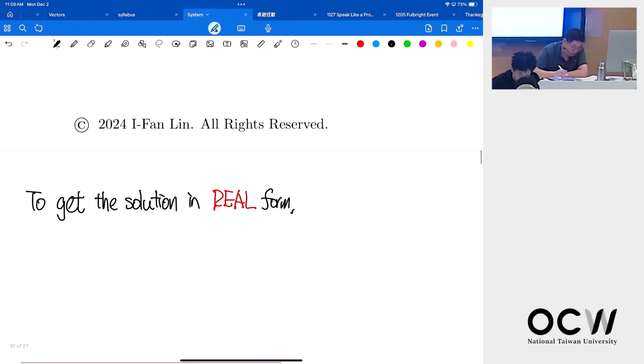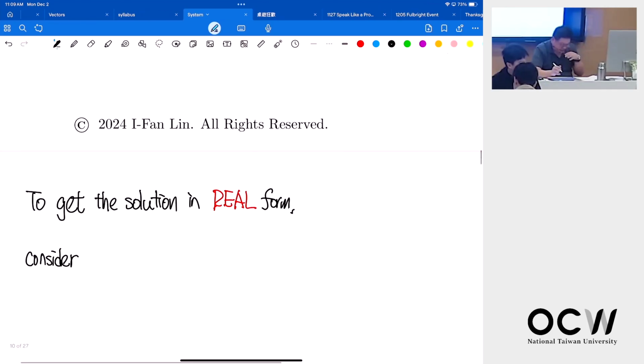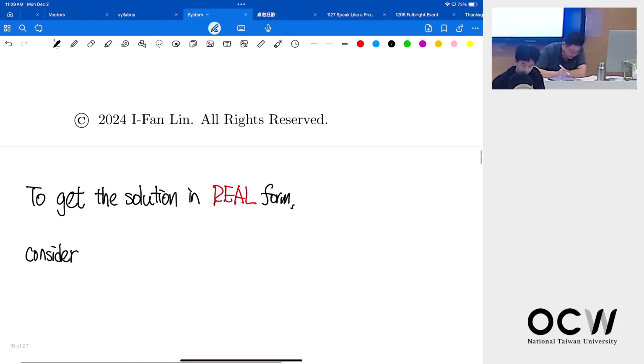First, to get the solution in real form, we consider the second solution, e^(lambda 2 t) times eigenvector 2.